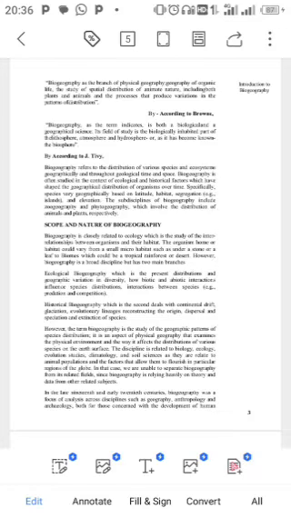Biogeography, as the branch of physical geography, is the geography of organic life, the study of spatial distribution of animate nature, including both plants and animals, and the processes that produce variation in the patterns of distribution.